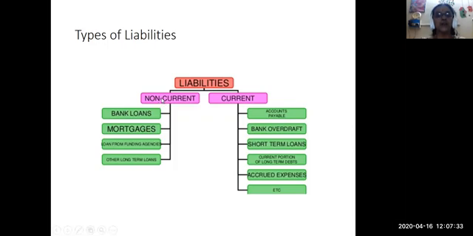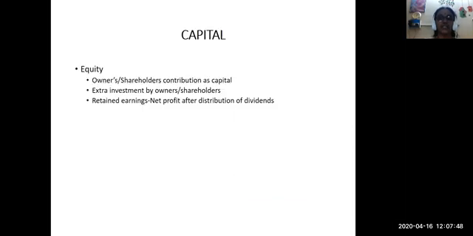And the long-term liabilities include long-term bank loans, mortgages, if any, long-term funding from funding agents, and other types of debt components, including bonds and debentures.